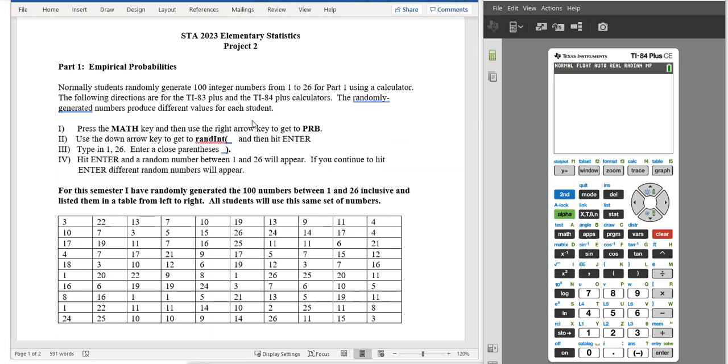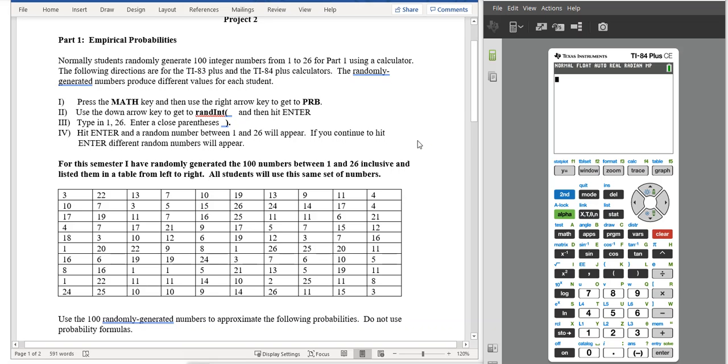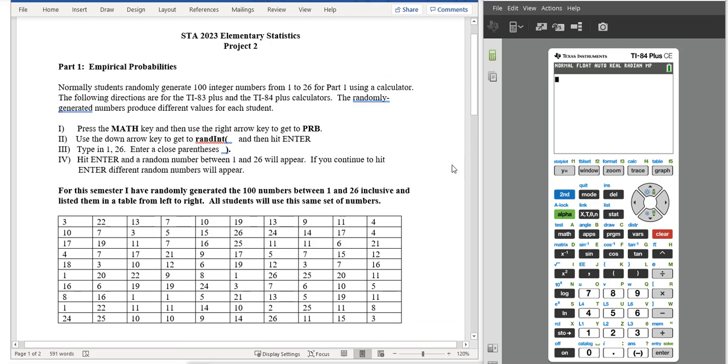Normally when we do the project, every student will generate their own set of numbers. I have the directions here again. Students would generate 100 integer values, so these are positive numbers from 1 to 26 inclusive.